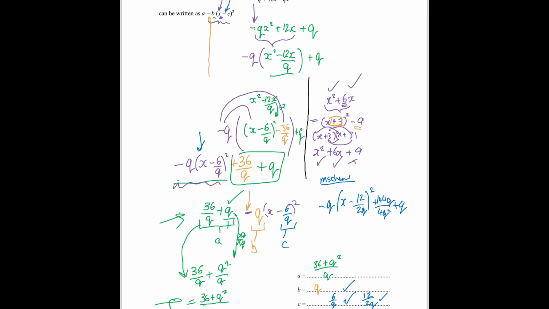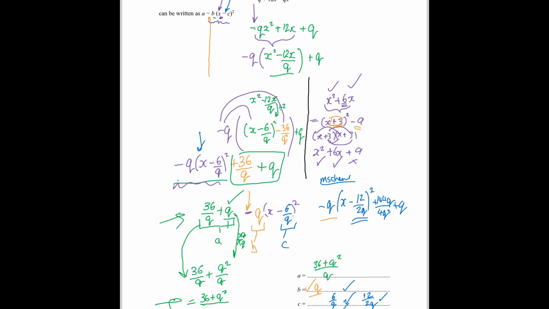Bits that I agree with are obviously B is Q. I agree with this. This bit, if you look at the question, the value of C, 12 over 2Q is equivalent to 6 over Q. So this bit I agree with.